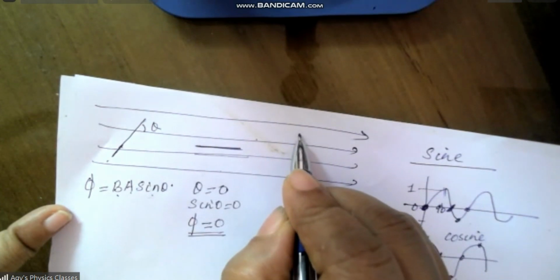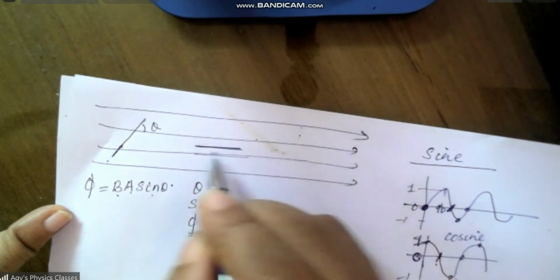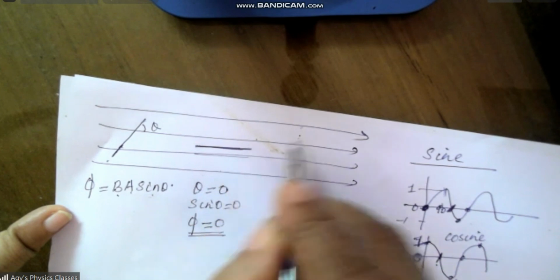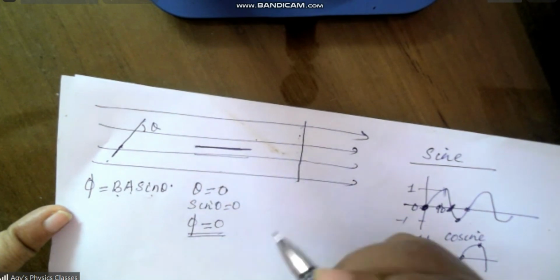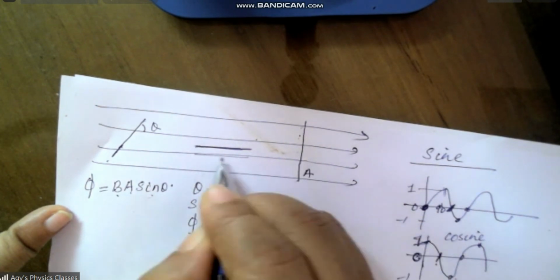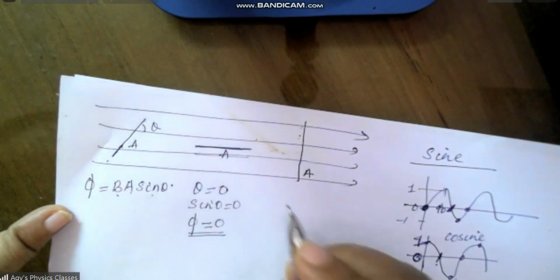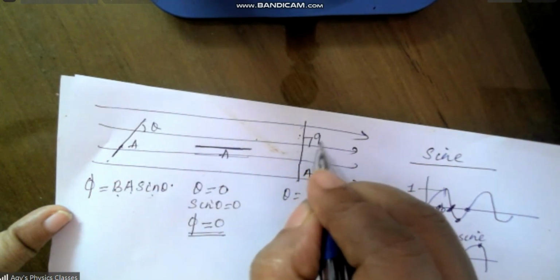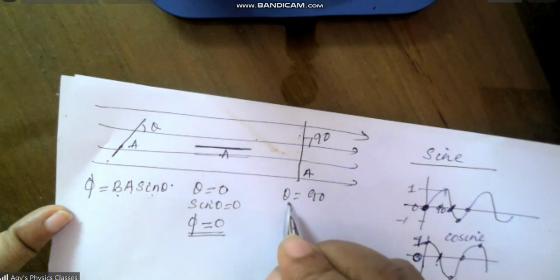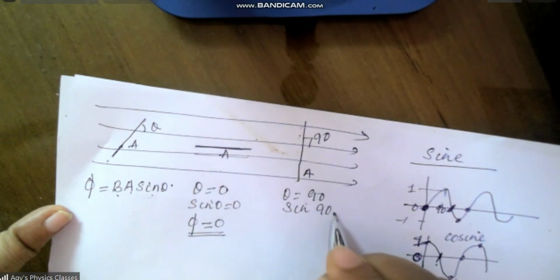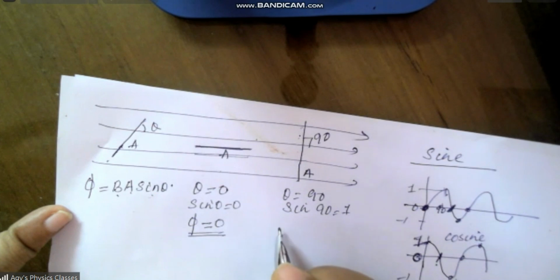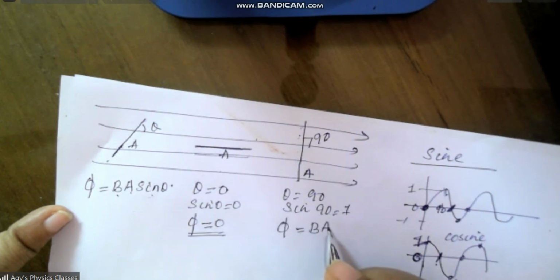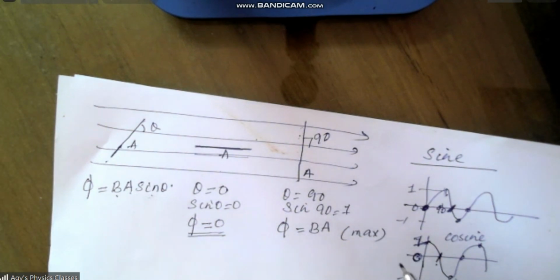If the same area is placed like this, this is the area A. Here theta is equal to 90 degrees, then sine 90 is 1, therefore flux is equal to B into A. So this is the maximum value of flux.